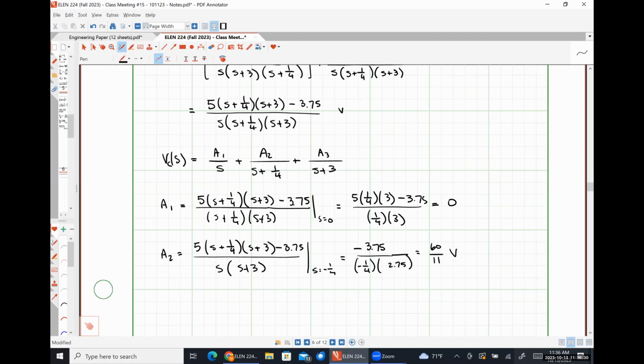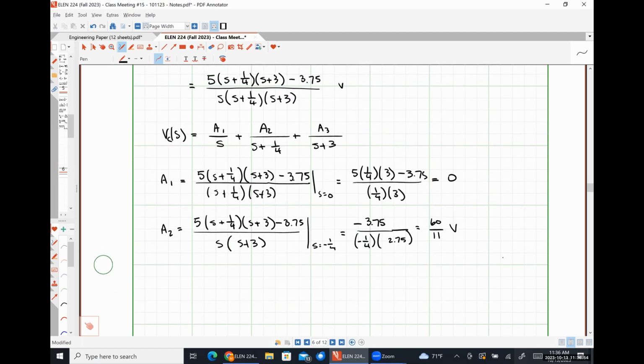I hear whispering and tittering. What's up? What mistake did I make? Yep, 60/11, 5.45 repeating. Okay. So H is multiplying our function from s plus 1/4.